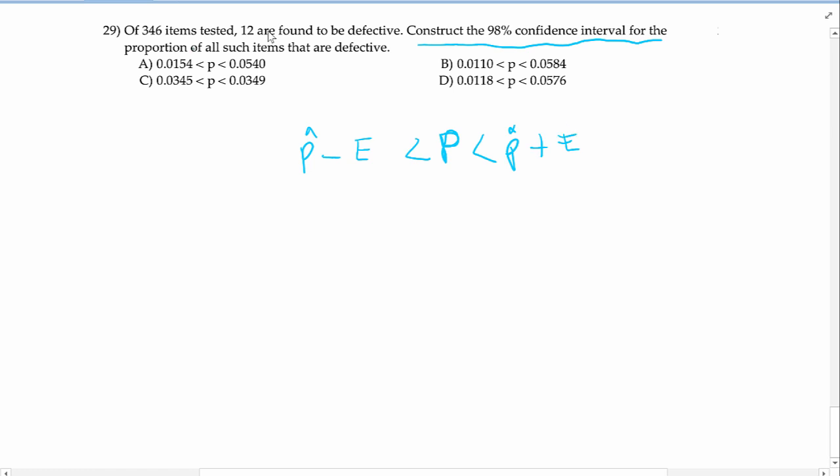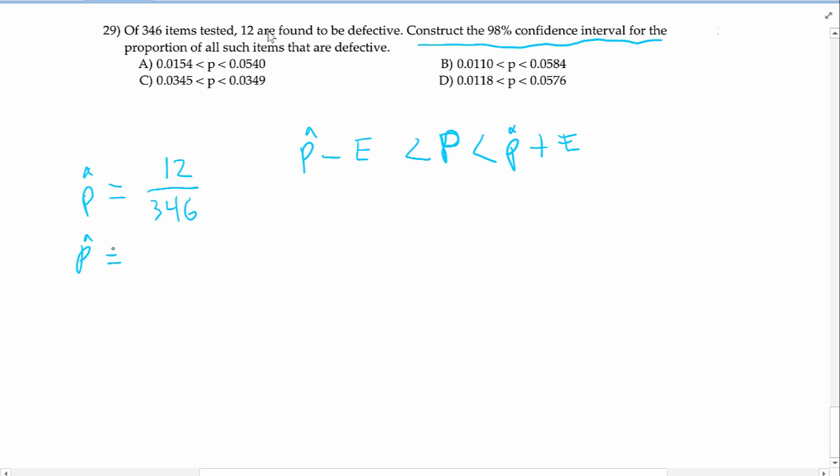Of 346 items tested, 12 are found to be defective. So the proportion of defective in the sample is going to be 12 out of 346. Let's find out what is the proportion in the sample that are defective. We hope it's not too many.